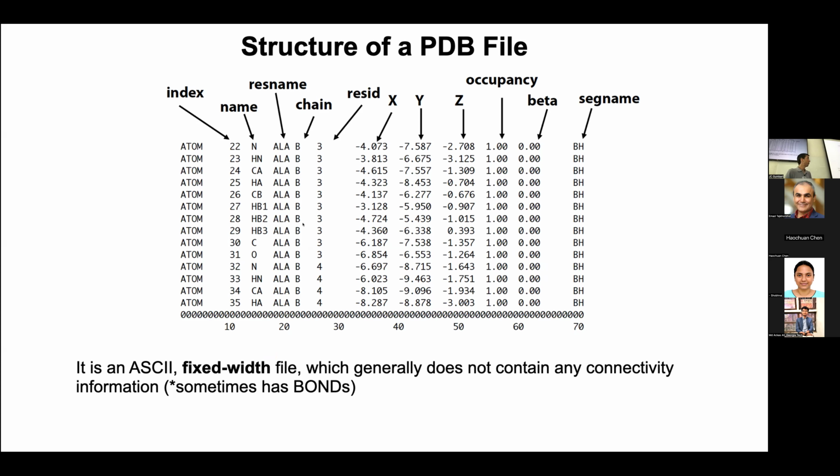Segname can be typically up to 4 characters, and so we can also give it a more descriptive name. So you don't have to remember, is my protein A or B, or is the membrane M or L? You would just say MEMB, and then it's very clearly the membrane.